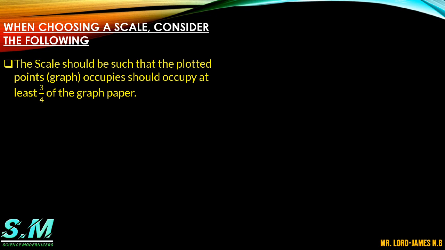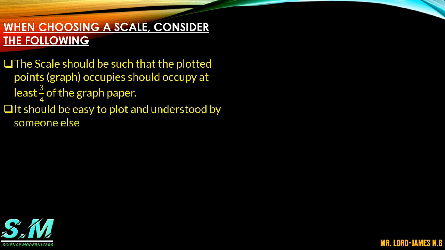That's approximately 14 boxes. So that is the meaning of the scale should be in such a way that it occupies at least 3/4 of the graph paper. If not, you won't be able to deduce or to verify some phenomena perfectly, because the more accurate your scale is, the more accurate your results will be.